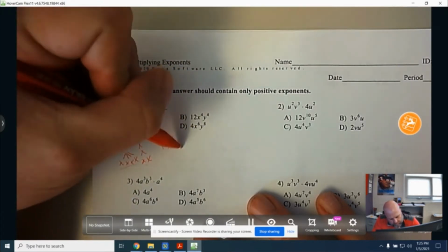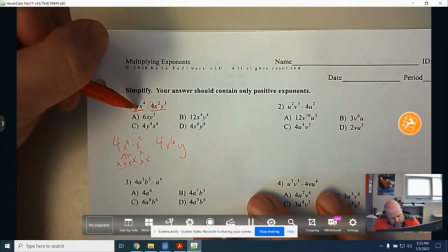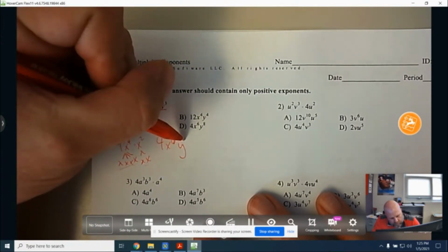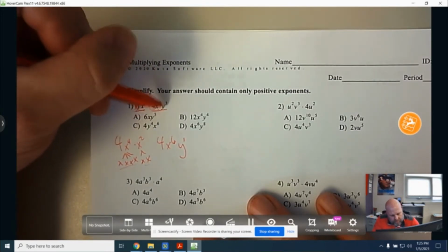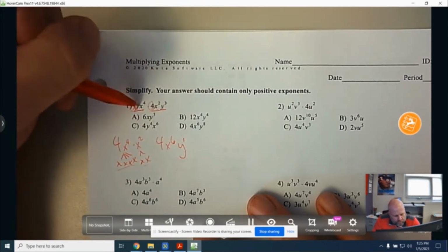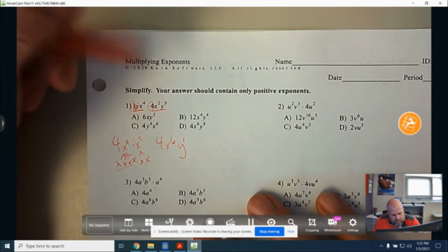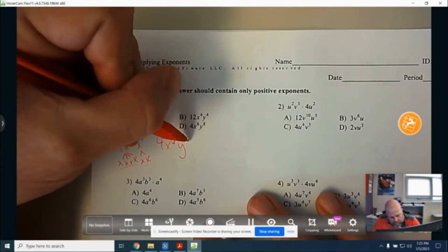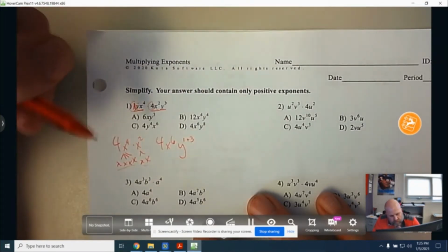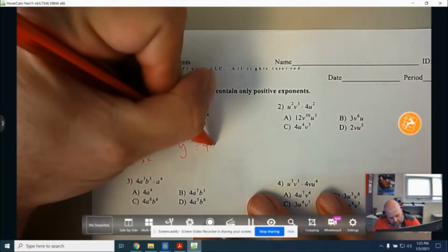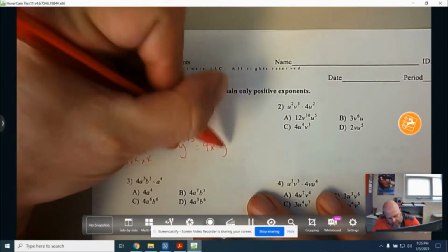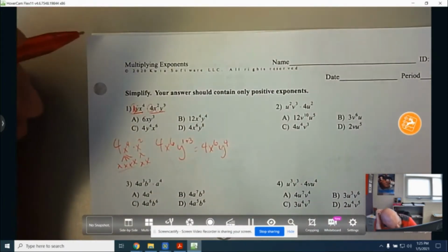I have 1 y here, and because I only have 1 y there and there's no exponent, I'm going to drop a 1 there just so I know it's 1 y. And then back here you have 3 y's. Well, if you had 1 y and 3 y's, that'd be 4 y's, and I can show that by doing 1 plus 3 like that. And then clean it up. So I have 4x to the 6th, y to the 4th power.